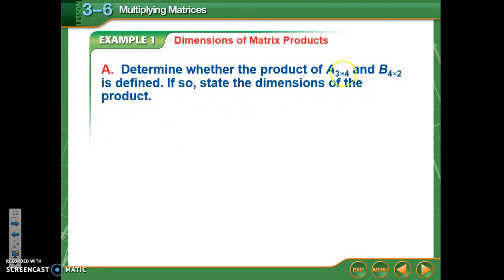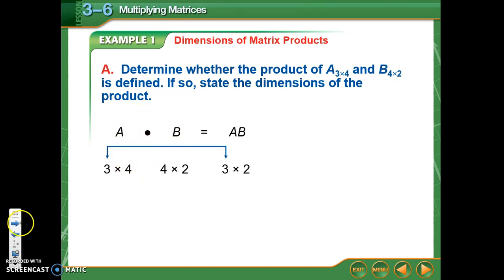So let's look at what that would look like. Here I have two matrices. I have matrix A, which is 3 by 4, and matrix B, which is 4 by 2. First of all, determine whether the product is defined. That means, can I multiply it or not? And if it is, what are the dimensions of the product, the dimensions of the result? In this case, A is 3 by 4 and B is 4 by 2. My inner dimensions match, so these two 4's match.